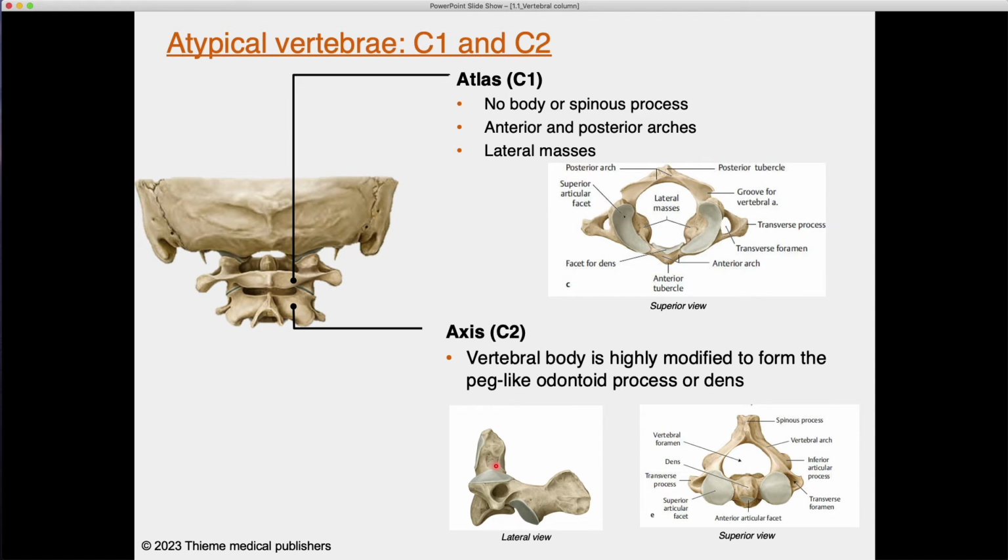In any case, this is kind of a highly modified version of the vertebral body. This is going to fit with cervical vertebrae number 1, providing a pivot point for our head. So that's why it's called the axis. We're going to talk about that pivot motion a little bit more.